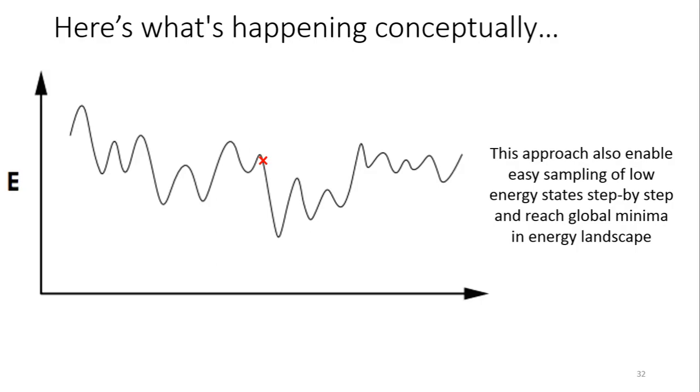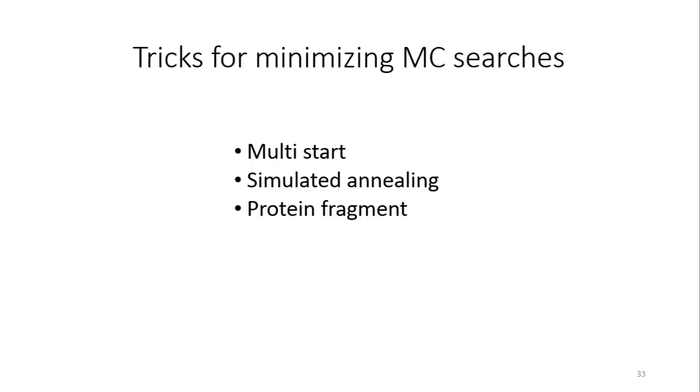Now, in order to minimize this, Simon and Baker used some tricks to minimize the Monte Carlo searches to be performed. Today we will first discuss the tricks that can be used to minimize these Monte Carlo searches, and then we will discuss the features of the scoring function that was developed.